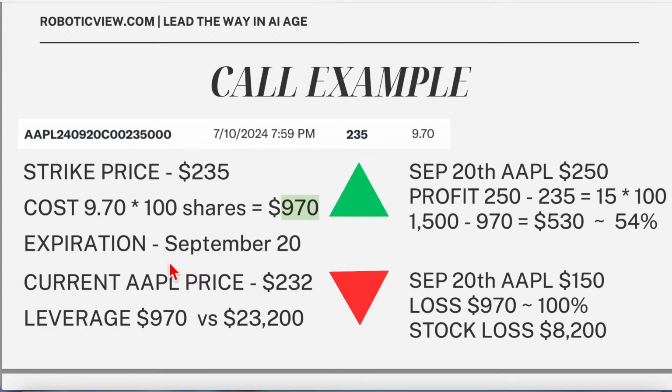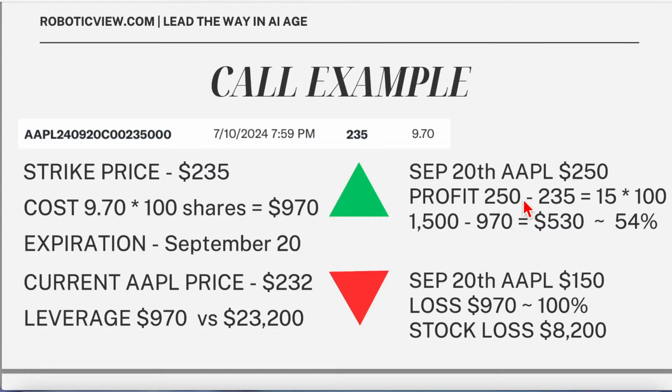So, question: where will the stock be on September 20th? There are two possibilities. The stock could go up or the stock could go down. Suppose the stock went up, and on September 20th Apple stock is 250. Basically you could do the math, and your profit will be 250 minus 235.